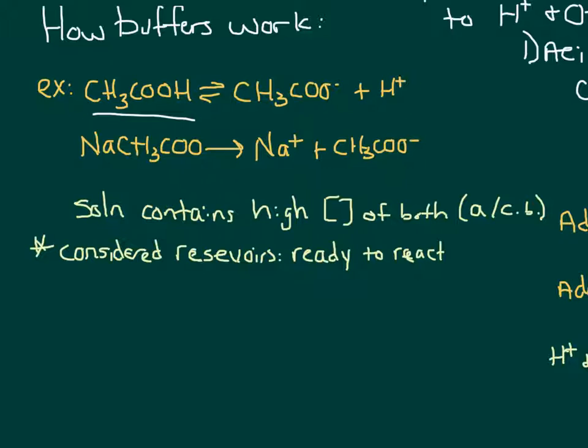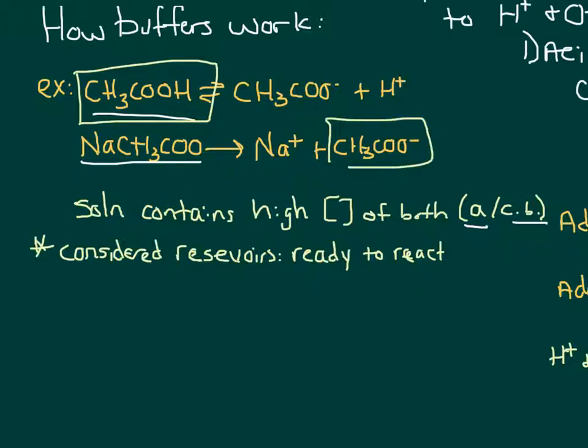Its salt with a strong alkali is sodium CH3COO minus. Therefore, the solution contains a high concentration of both the acid and the conjugate base. So here we have our acid. Here we have the conjugate base provided in both of the reactions.